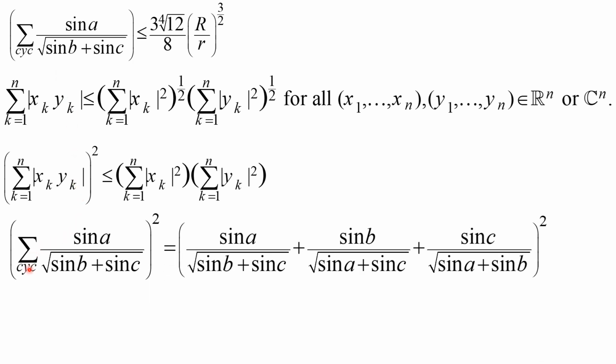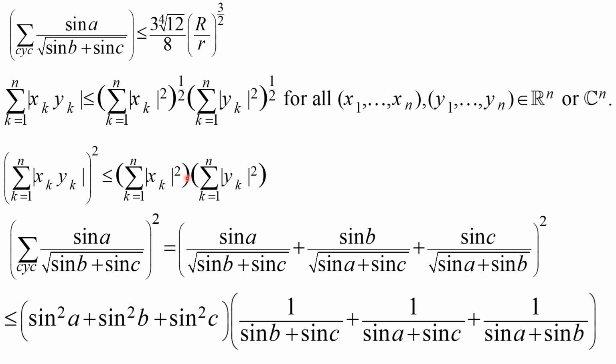As I mentioned, cyclic means this value repeats, and by applying Cauchy-Schwarz, this value, which is sine A, sine B, sine C in the numerator, represents x_k, and the root in the denominator represents y_k. So I will just separate both of them and apply the Cauchy-Schwarz inequality, as you can see.